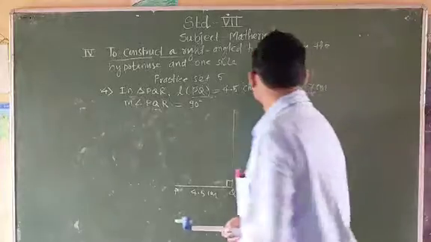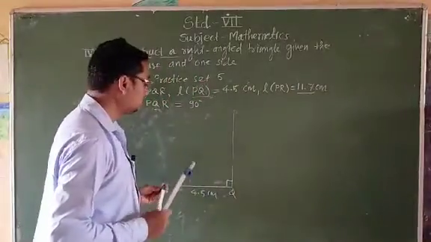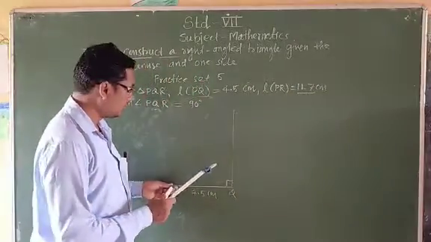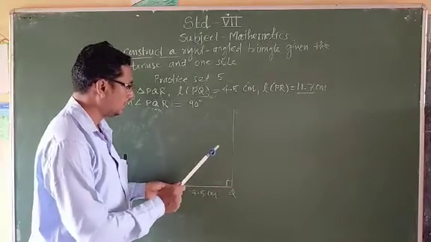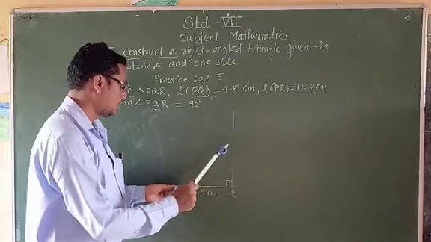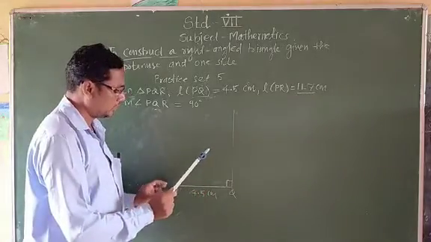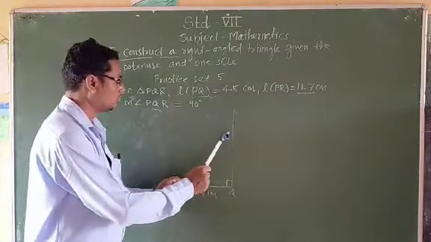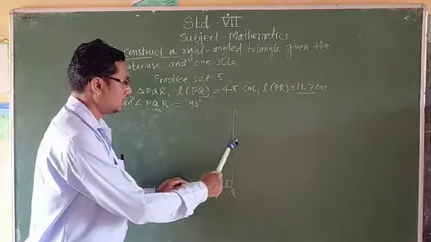Okay, then after taking 11.7 from the point P, mark one arc. Look here, from the point P I am putting the pointer of the compass on the point P and marking the arc.